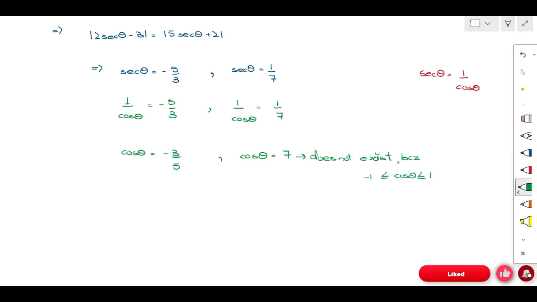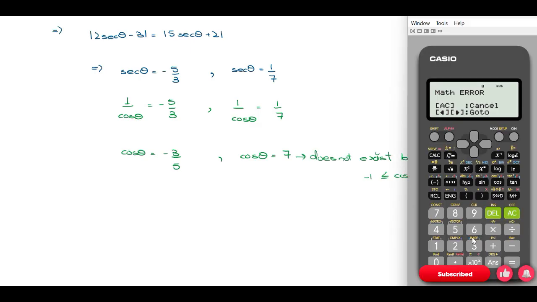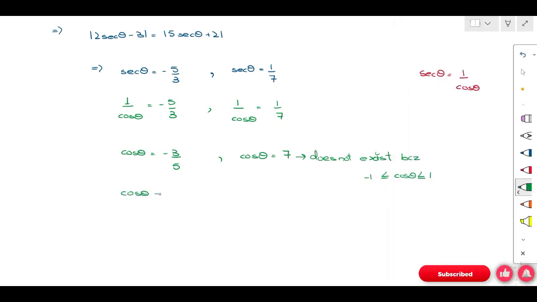What is 3 by 5? 3 by 5 is 0.6. Yes, it exists. Cos theta equals minus 0.6. You will get a solution from here because this is in the range minus 1 to plus 1, right?